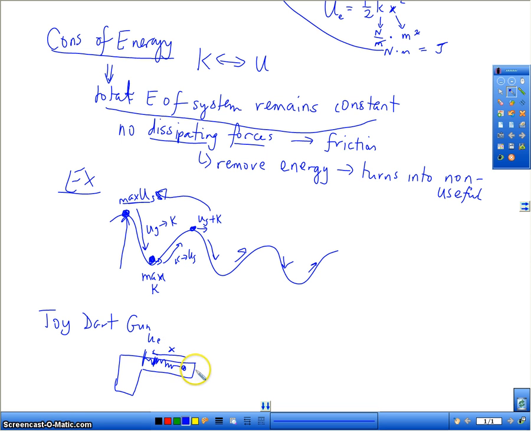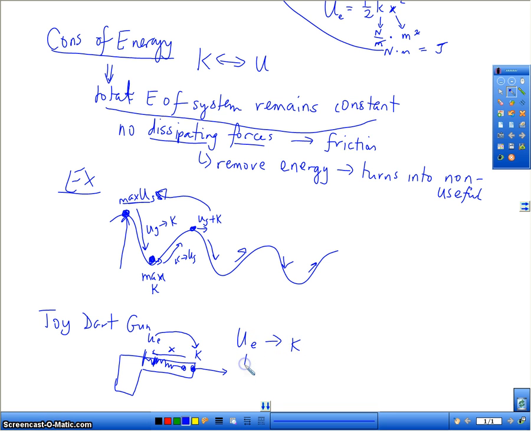Then when you release it, the dart, the bullet, comes flying out of the gun, and at this point it has kinetic energy, but the spring is not compressed anymore. So the elastic energy of the compressed spring turns into kinetic energy of the projectile.